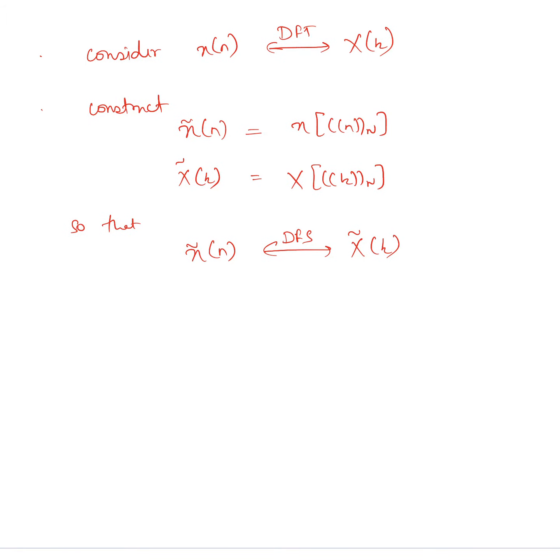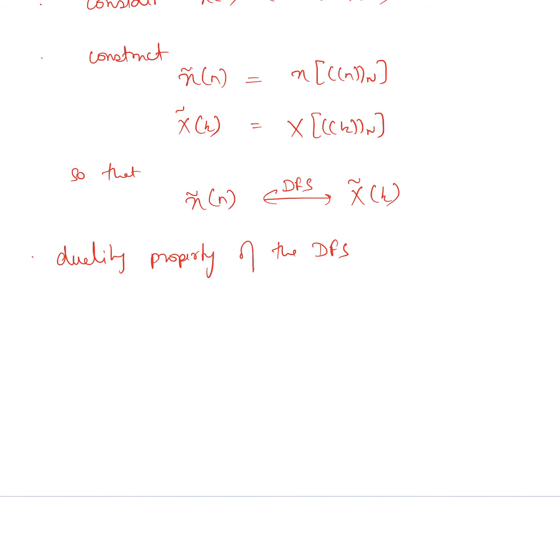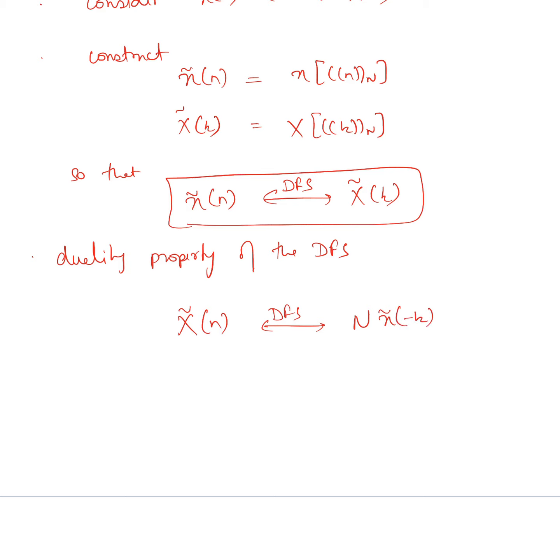Now if you recall the duality property of the discrete Fourier series, it is given that if I consider this X tilde of n, then the DFS would be your N times x tilde of minus k. So this was the duality relationship of the discrete Fourier series coefficients and the periodic signal x tilde of n.